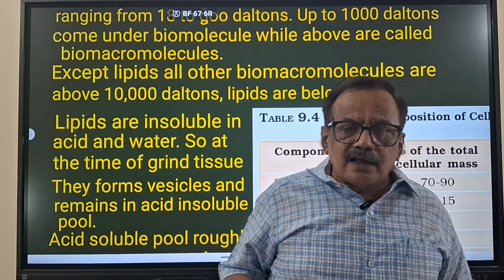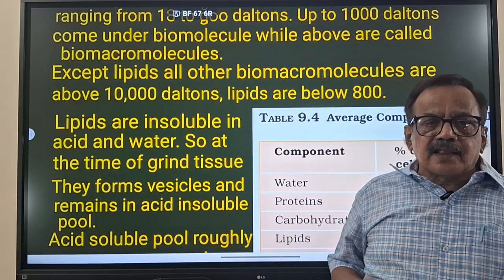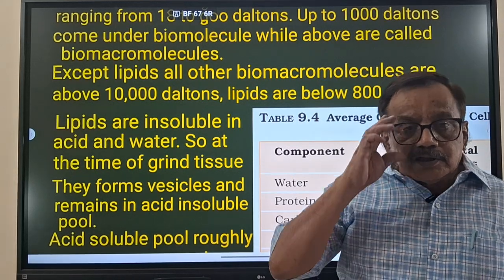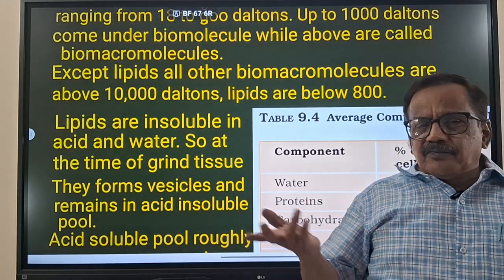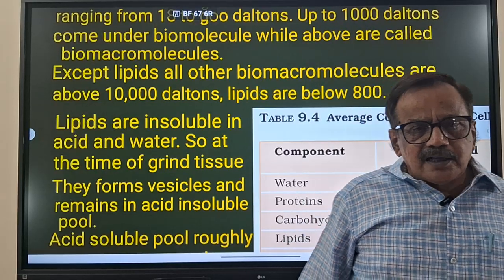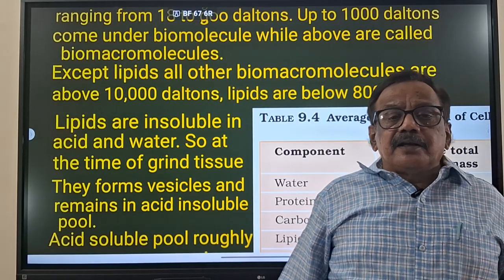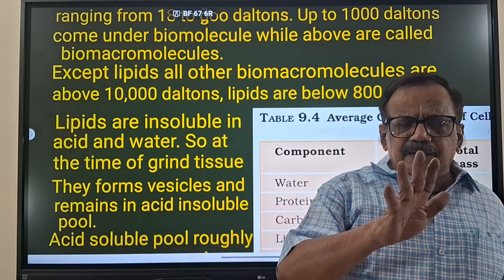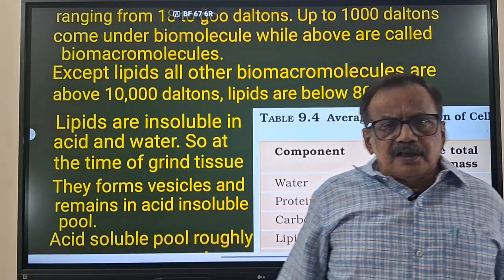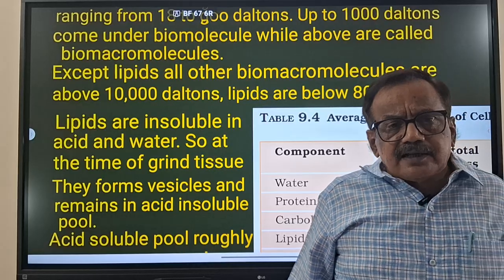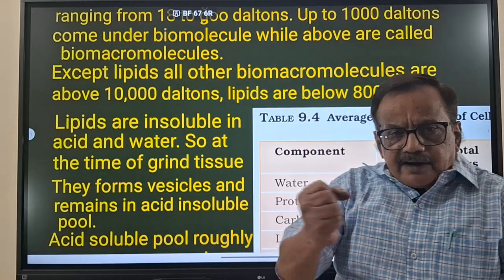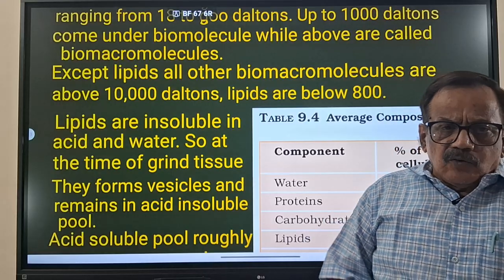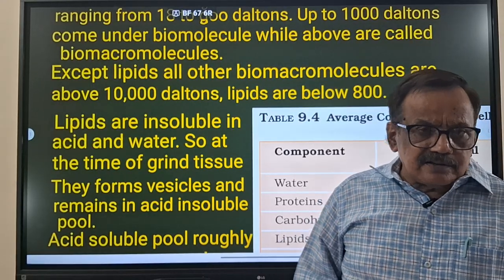Why? What is the reason? Because lipids are present in the cell membrane, mainly, and in different places also. The cell membrane is what we call the bilayer lipid layer. Whenever we are grinding the living tissue in trichloroacetic acid, we are rupturing the cell organelles.